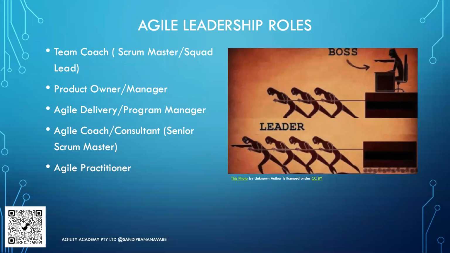But you have got delivery or program related responsibilities. Whereas agile coach or consultant is someone who is an expert scrum master, senior scrum master, if you want to apply that logic, who has got experience in multiple frameworks, multiple ways of working, who can guide and coach squad leads, scrum masters, as well as product owners, and so on and so forth.